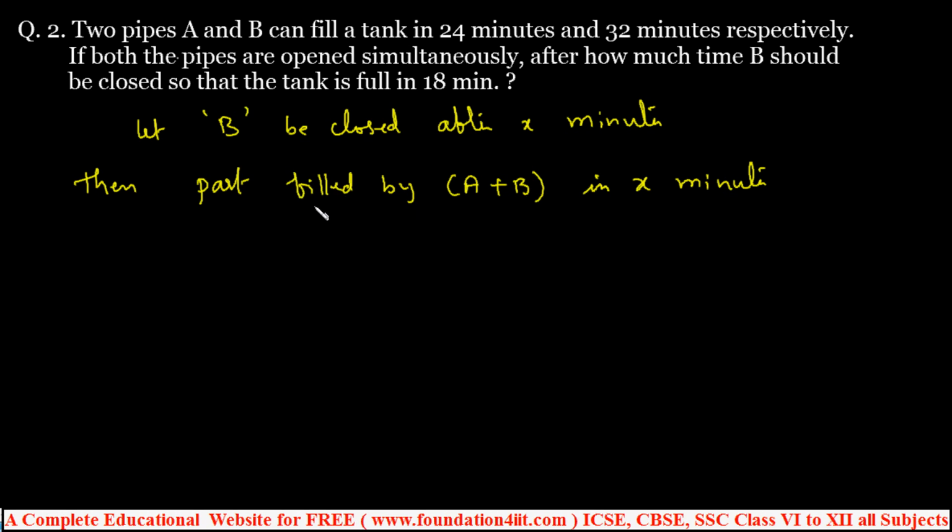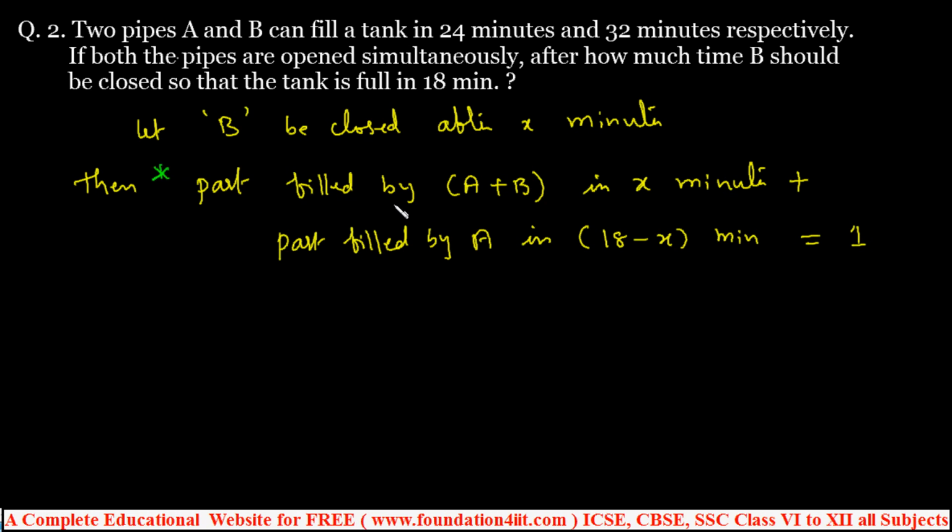That means the part filled by A plus B in X minutes, plus the part filled by only A pipe, because B is closed, in the remaining time of 18 minus X minutes, because the total should be 18 minutes, and that should be equal to 1 because it is one complete tank filling. This is the main important step in this case. So the part filled by A plus B in X minutes plus the part filled by A in 18 minus X minutes is equal to 1.